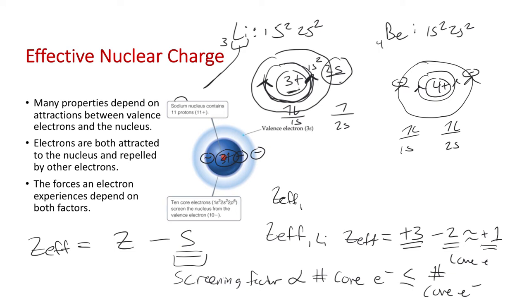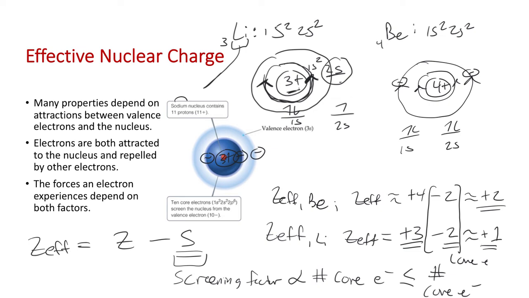Our Z effective for beryllium should be approximately plus 4, and then minus the 2 core electrons, for being approximately now plus 2 instead of plus 1. And so the key is that they have the same core.